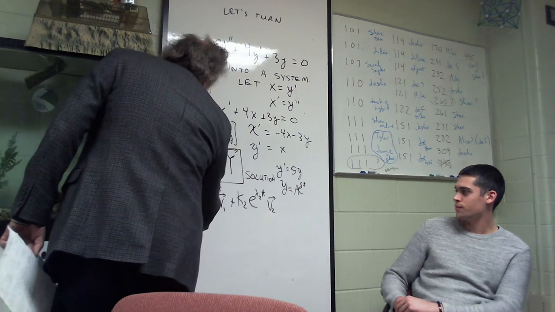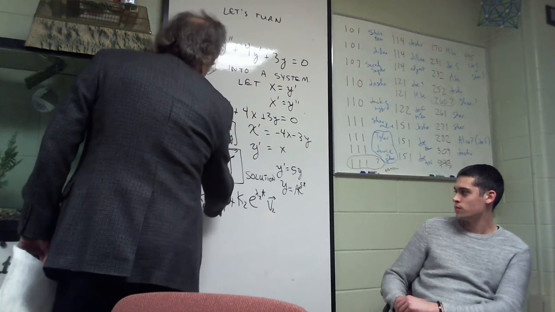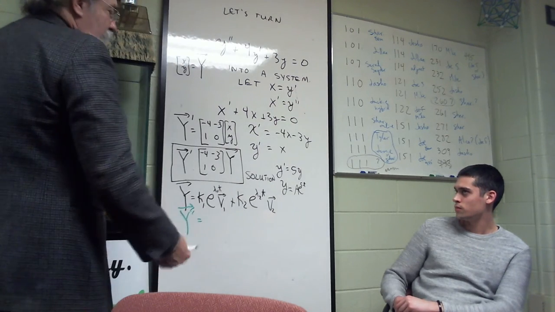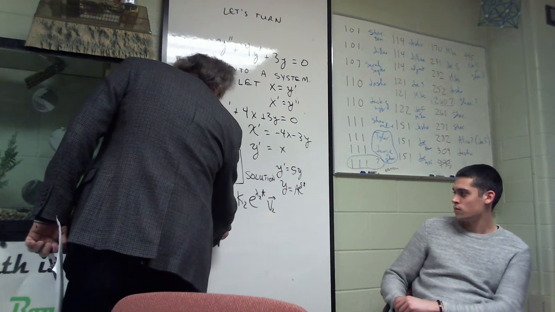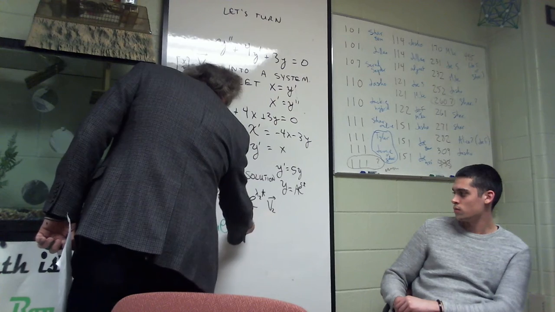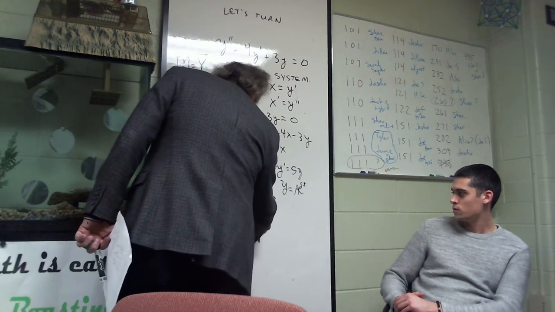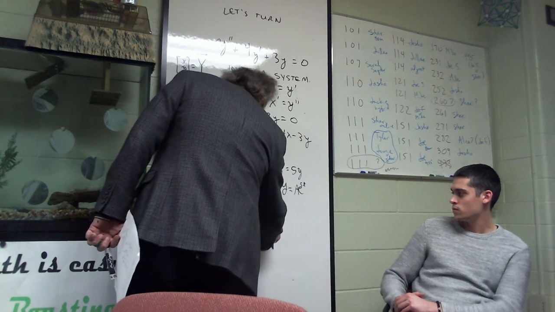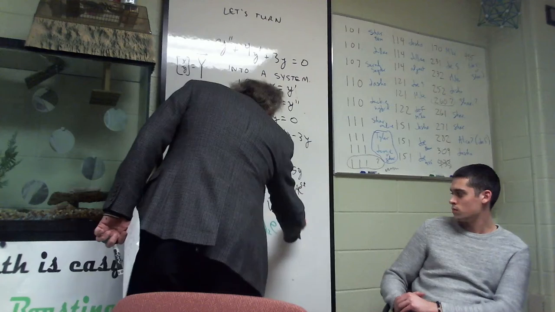So y prime vector is equal to the derivative of lambda 1t, which is lambda 1. That comes down: k1 lambda 1 e to the lambda 1t v1. The rest of these are all constants, plus k2 lambda 2 e to the lambda 2t v2.